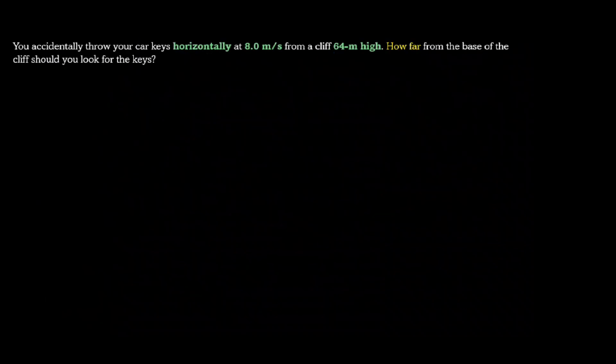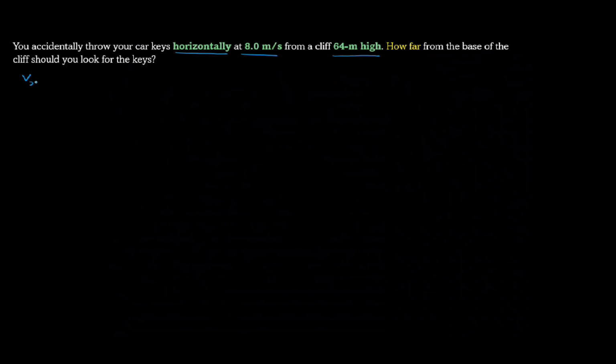Let's try another problem. You accidentally throw your car keys horizontally at 8 meters per second from a cliff 64 meter high. How far from the base of the cliff should you look for the key? So I have the initial velocity v0, which is the x component of velocity since it has been launched horizontally.